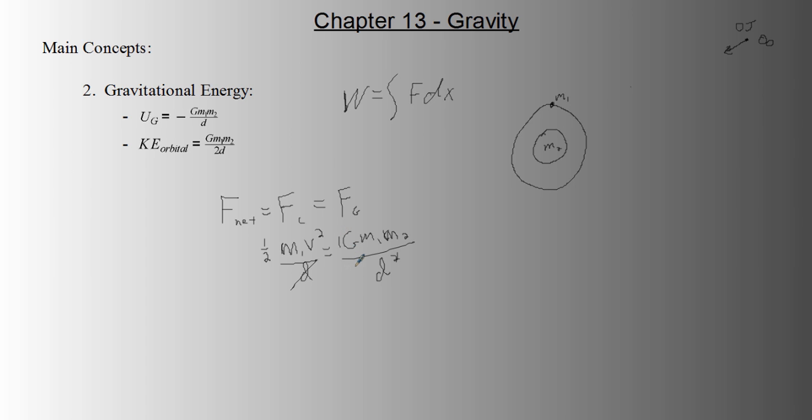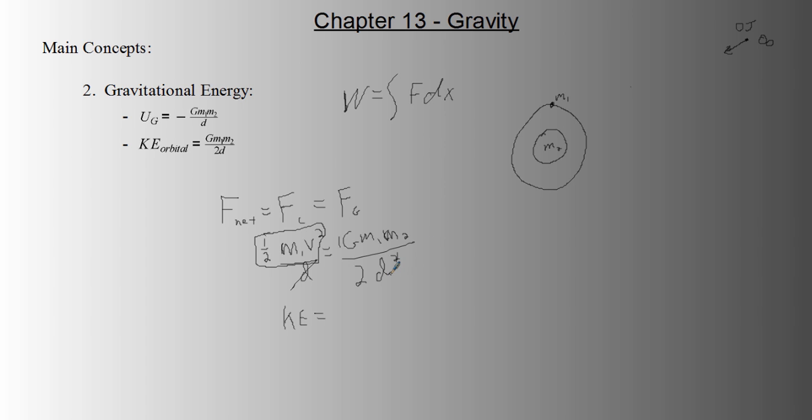Hey, take a look: 1/2 m1 v squared, that's kinetic energy, equals G m1 m2 over 2d. And there it is. So a quick little derivation for orbital kinetic energy.